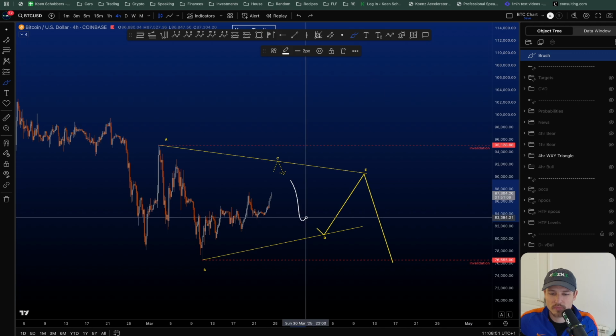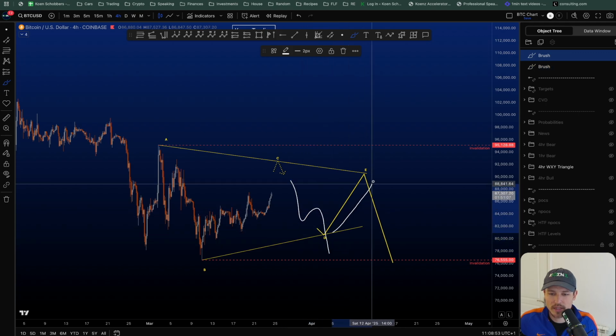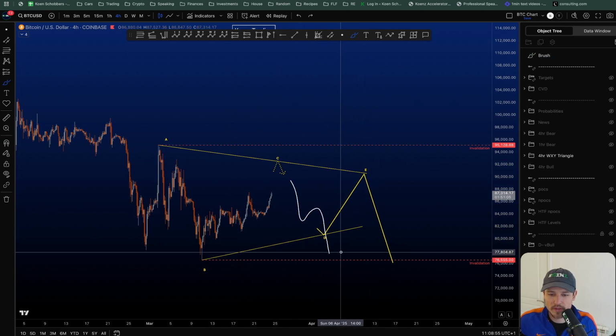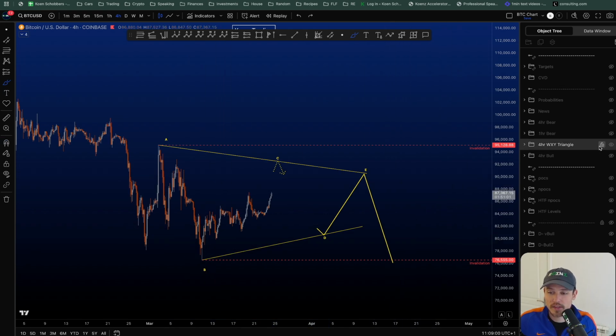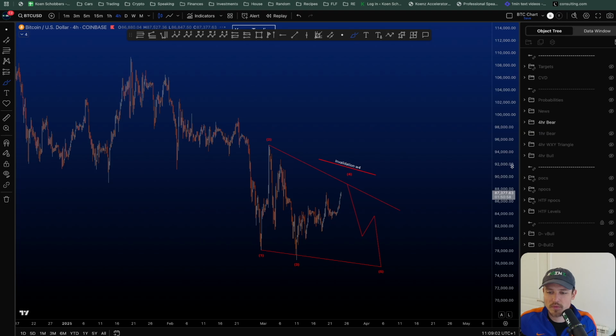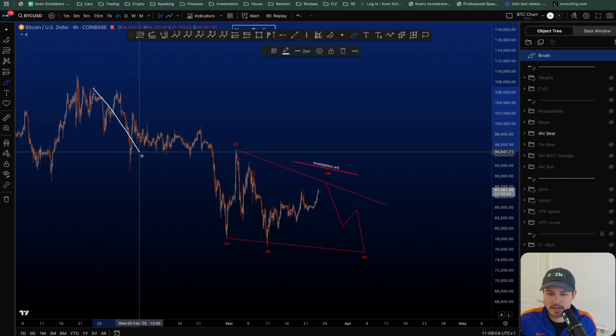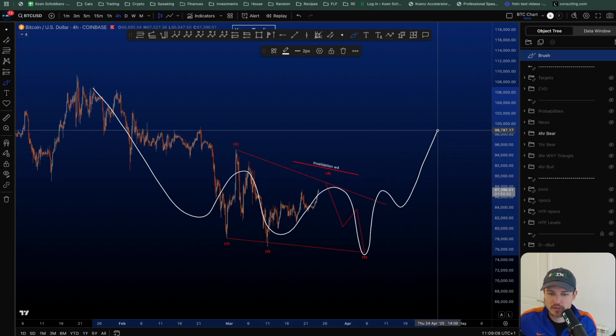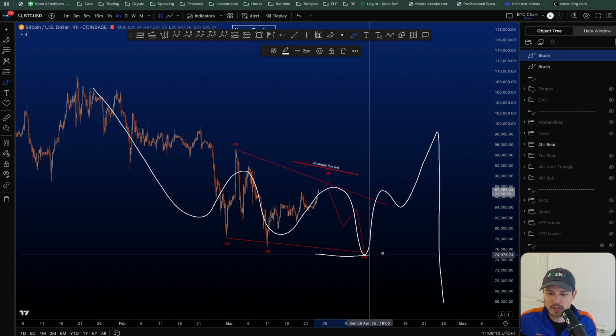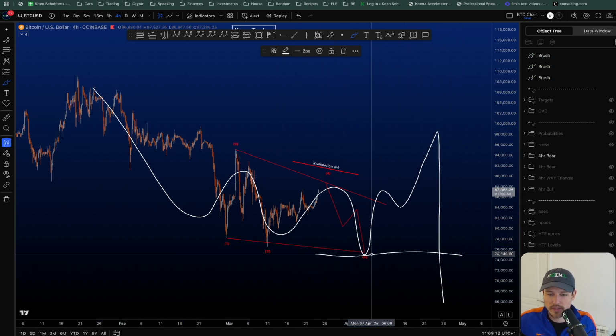However, if price moves towards the downside and does not create a move to the upside for wave E, but instead continues to the downside for the 76.5k low, we have to be very aware of a diagonal 1, 2, 3, 4, 5. Look for a 3-wave retracement and another move to the downside to take out this low.